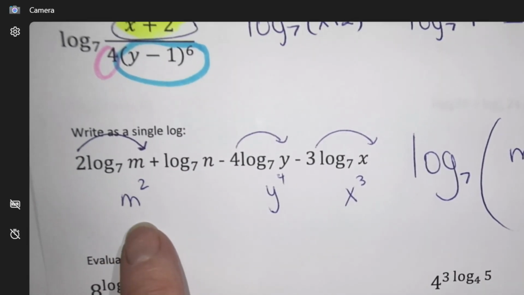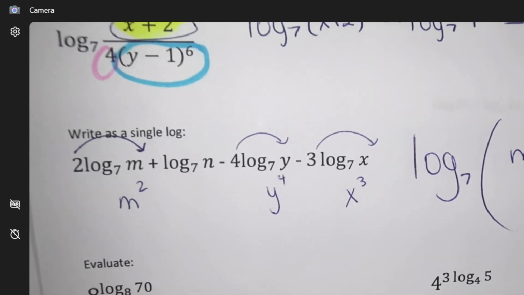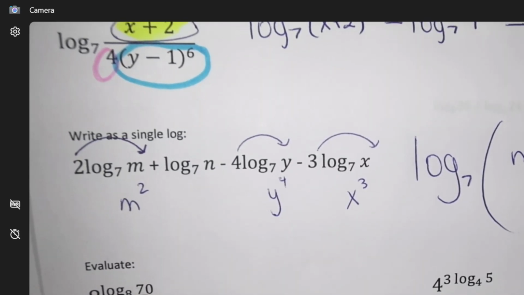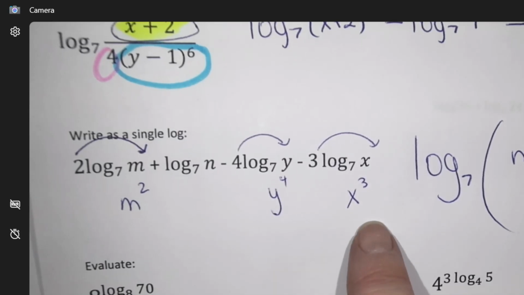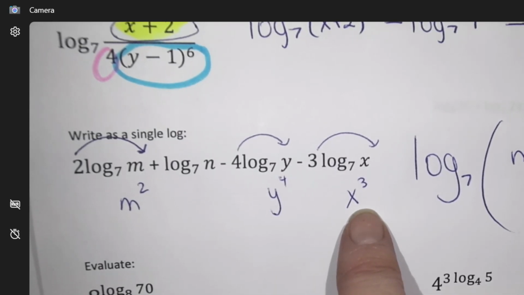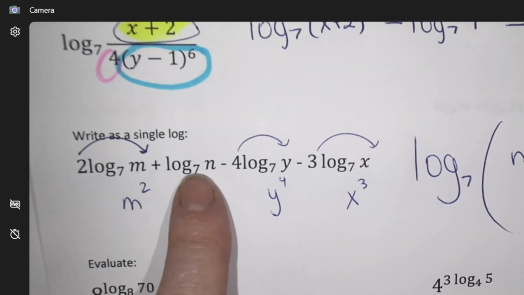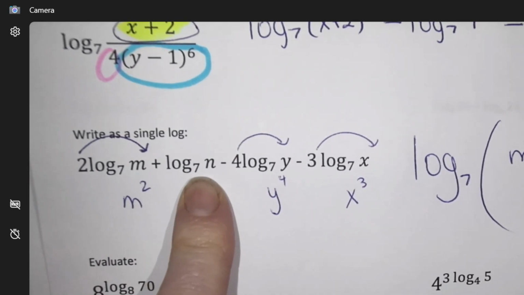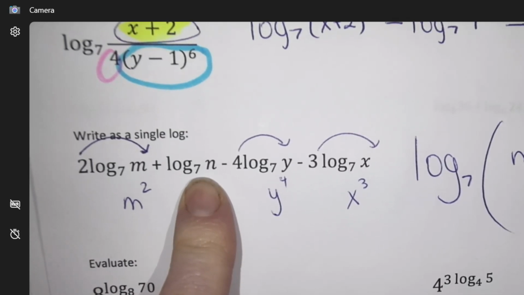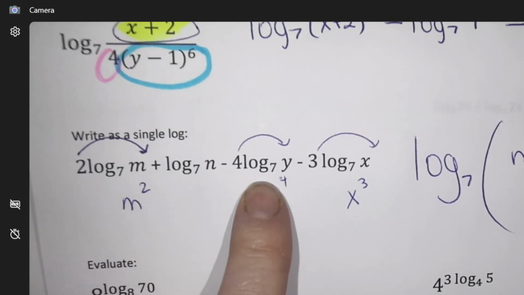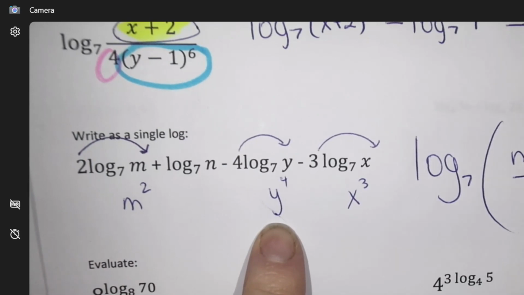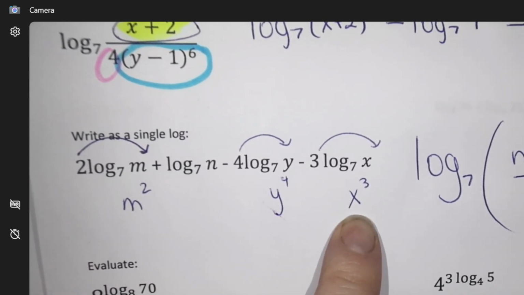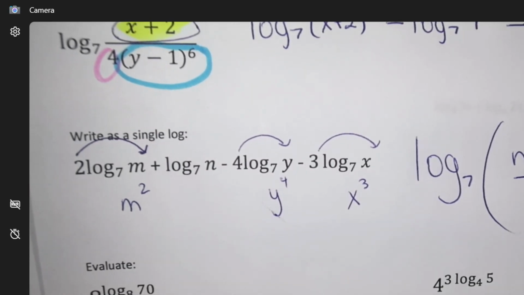Okay, so I can see that I'm going to move all of those like that. So m squared, there's going to be a y to the 4th, there's going to be an x cubed. And now I just look if they're adders or subtractors. So this n is an adder, so it's going to be a timeser. Then this was a subtractor, so it's going to be a divider. This was a subtractor, so it's going to be a divider.